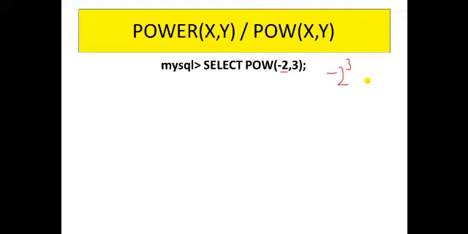If it appears an even number of times, it will be positive. So minus 2 into minus 2 into minus 2 will give you minus 8. If the power had been 4, the answer would have been positive, an even power. I hope it is clear to you how the power function is working here.